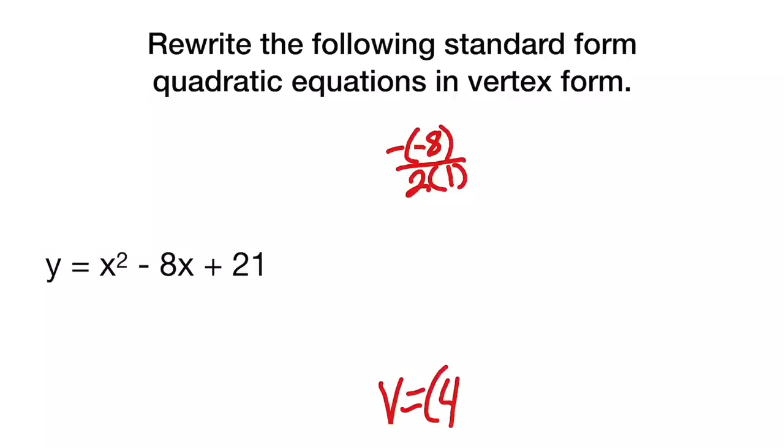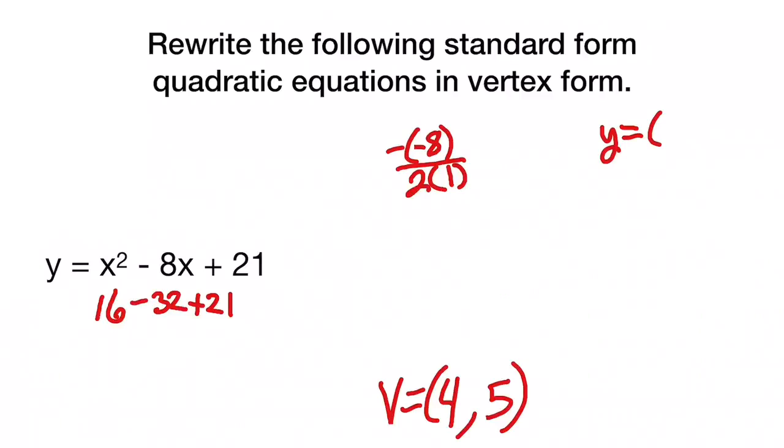So then I plug that in. 4 squared is 16, minus 8 times 4 is 32, plus 21. 16 minus 32 is negative 16, plus 21 gives us 5. So then I just plug that in. y equals, remember a is 1, so I'm not going to write that, and I'm just going to say (x minus 4) squared plus 5.